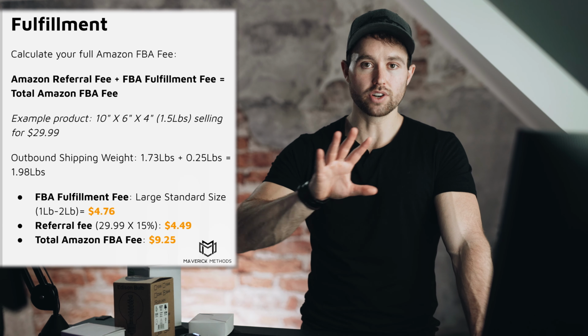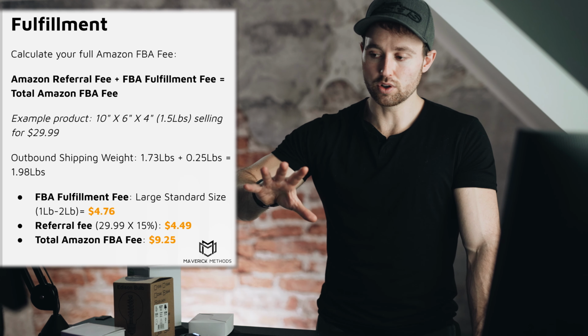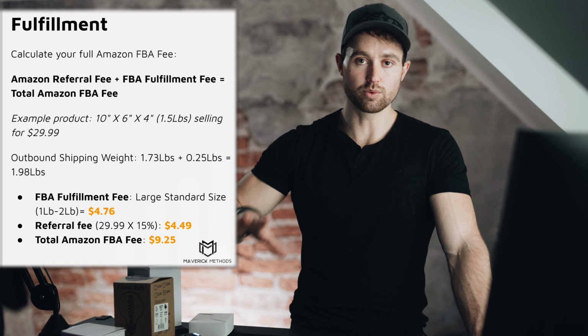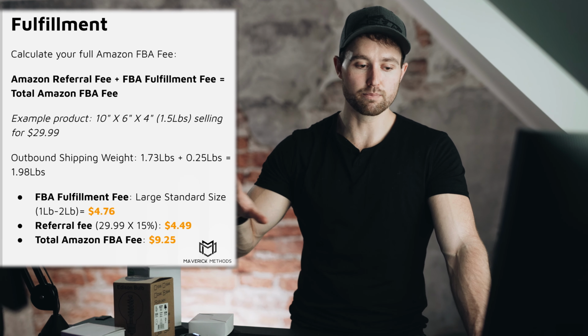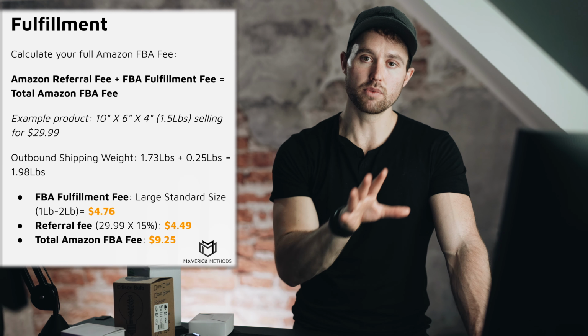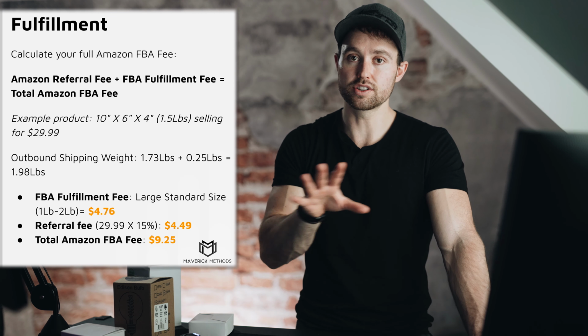So in total, every time we sell a product with Amazon, in return for them bringing us the sale and also the automation that we get to experience with their system and them handling all those parts for us, we will pay them $9.25 every time we make a sale with this product.